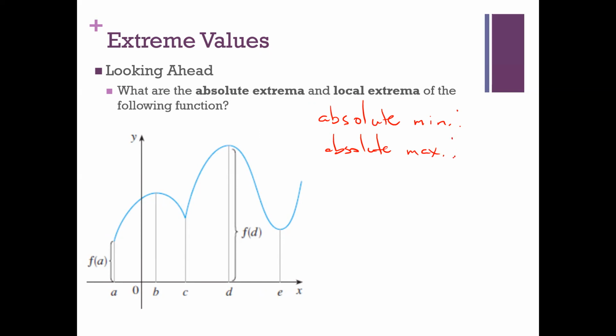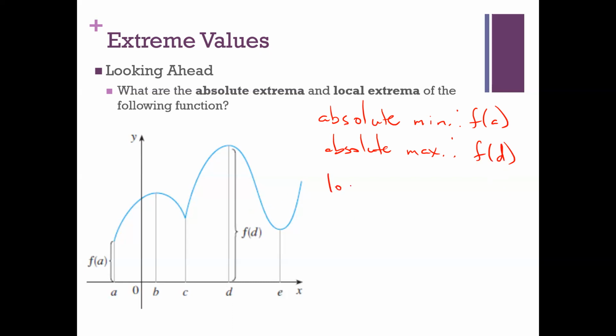What is the absolute minimum of this function here? F of A. Okay, I think I agree with that. So F of A will be the absolute minimum. How about the max? F of D. All right.